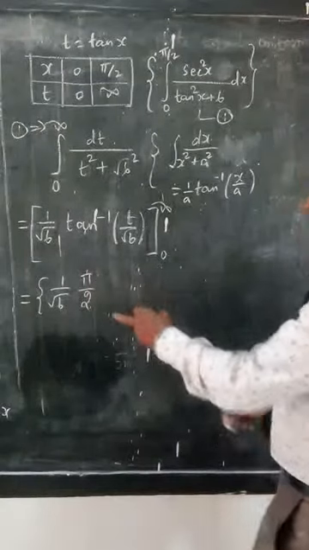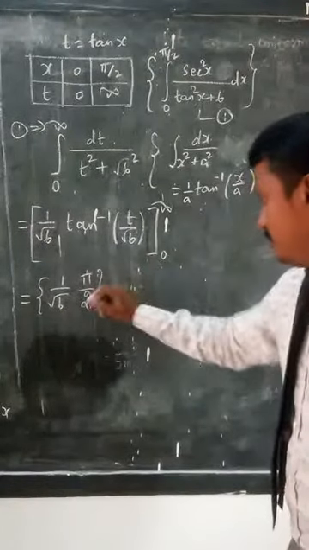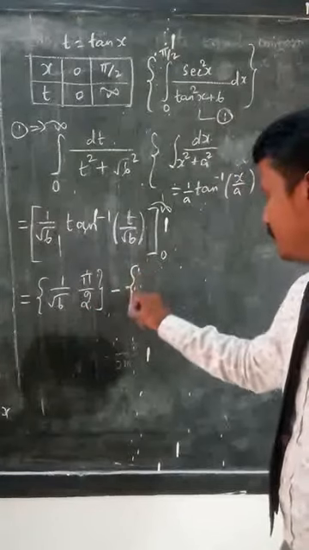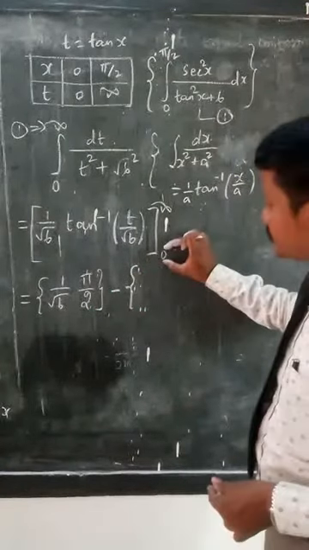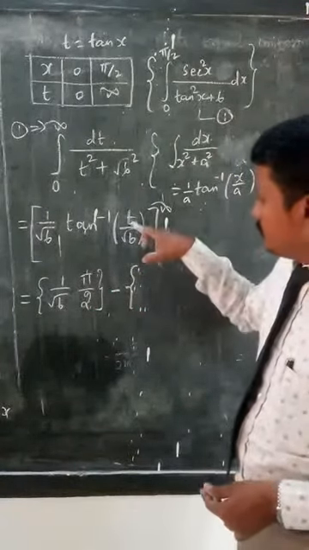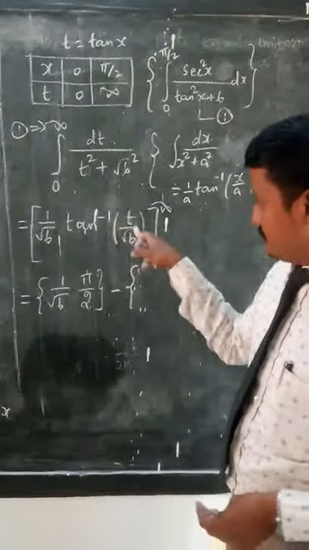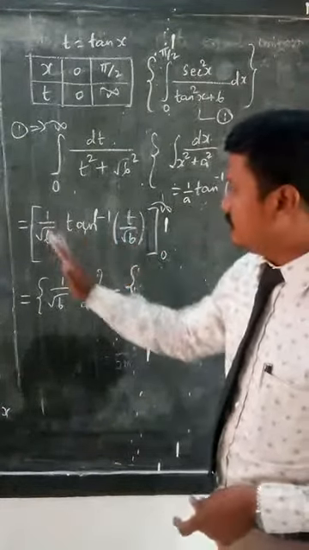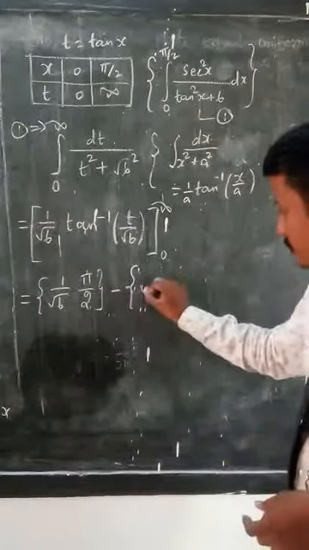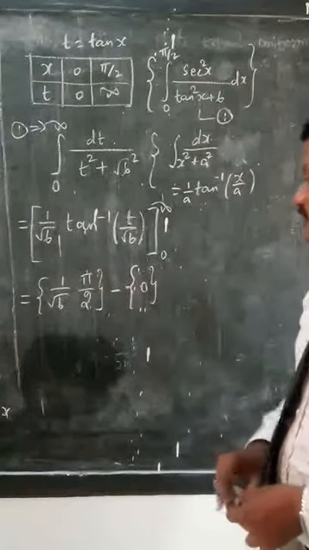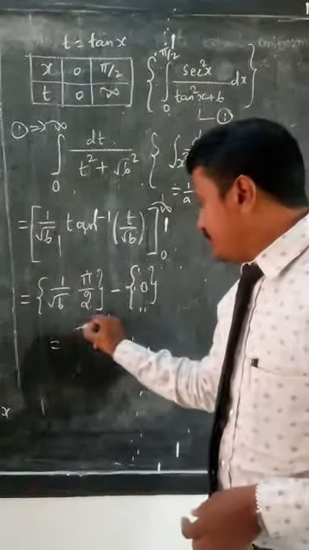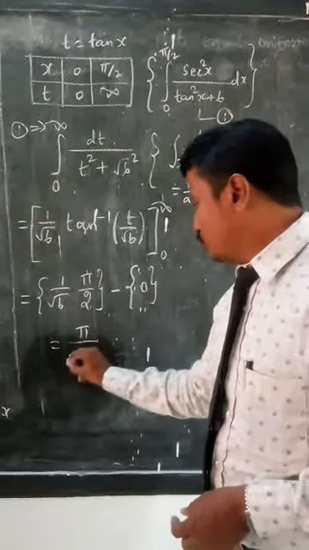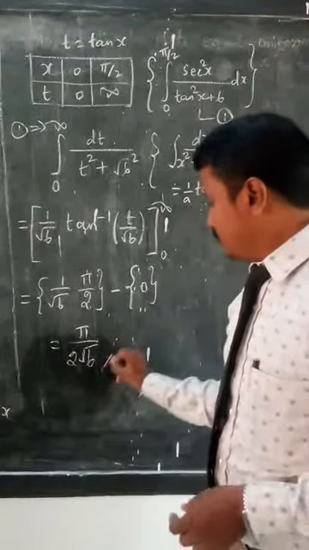Then upper limit minus lower limit. If I substitute t as 0, tan inverse 0 is 0, so the entire lower limit becomes 0. So the final answer will be pi by 2 root 6.